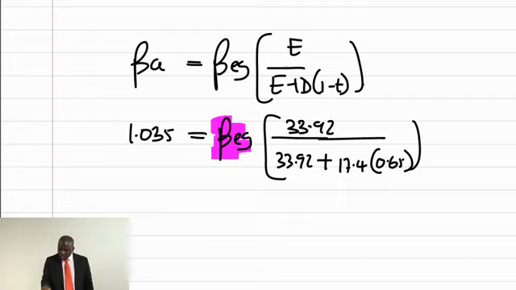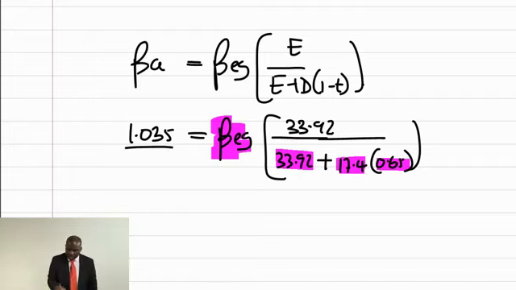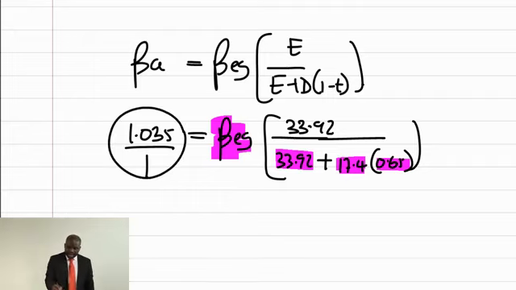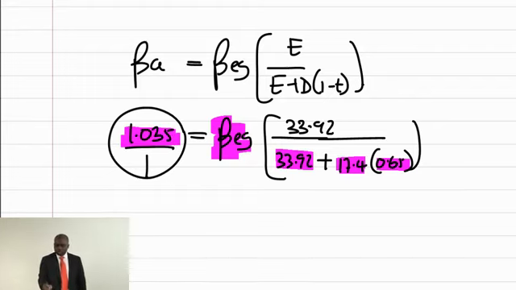I say 0.65 multiplied by 17.4 equals, I've got that. I add it to 33.92 equals, this is over 1. So the answer that I've got on my calculator, I multiply it by 1.035 equals, then I will divide it by that.